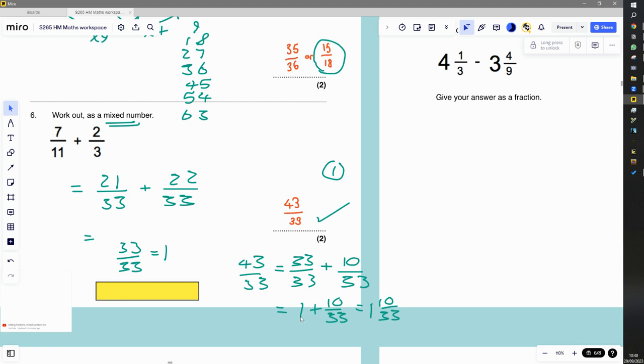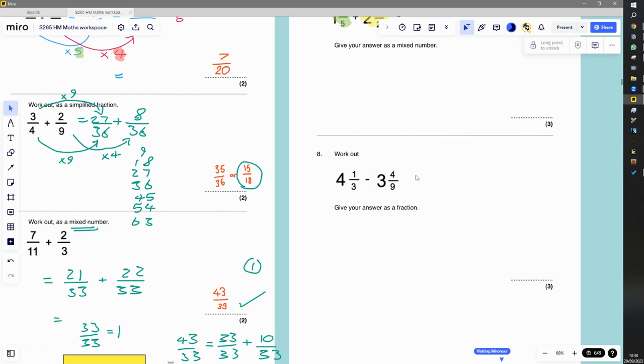The 33 over 33 changes into 1, that's all 33 bits, and we've got another 10 33rds, maybe from another object. Imagine I take another one and chop it into 33 bits as well, and I've got 10 of those bits. So I've got a whole thing, and then 10 33rds of another one. So I'd write it like that.